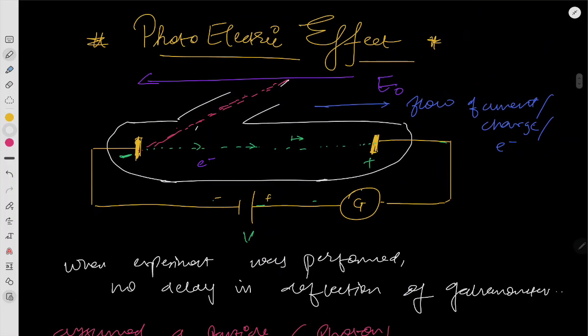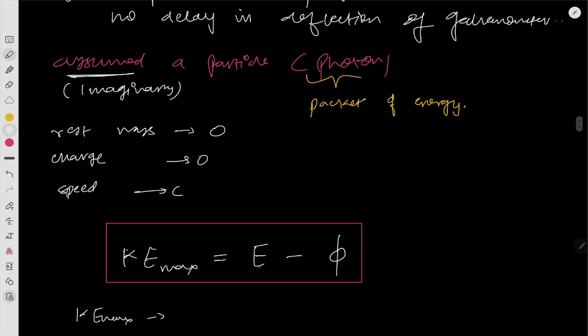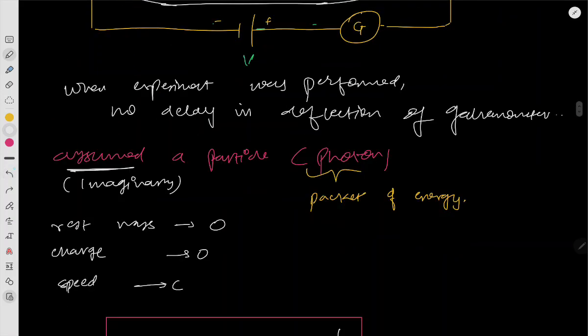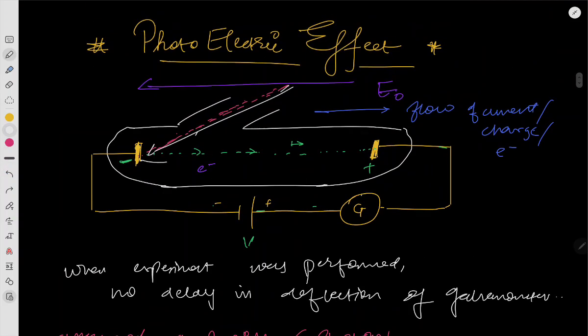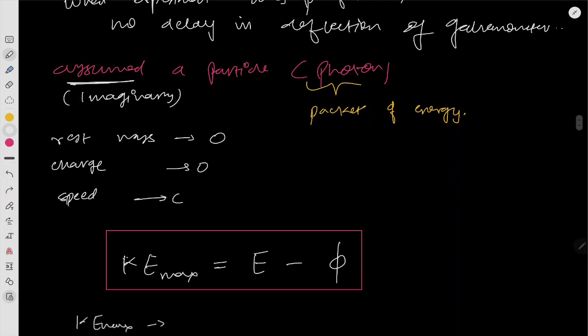If we bombard with a specific energy over here, then the electrons would eject out with a kinetic energy equal to the energy provided minus the work function, and the work function is a particular constant of a metal.